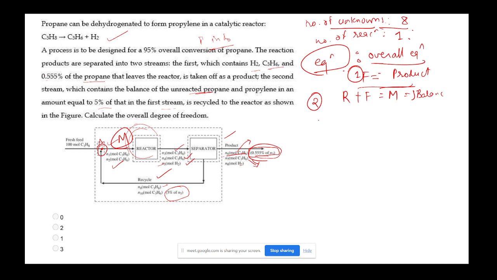Again there will be a separator, and you will write an equation at the separation point, which is nothing but, let's say P equals product plus recycle. Now this is all about the overall system balance, or the process-wise overall balance. Another you will be able to write is the component balance.